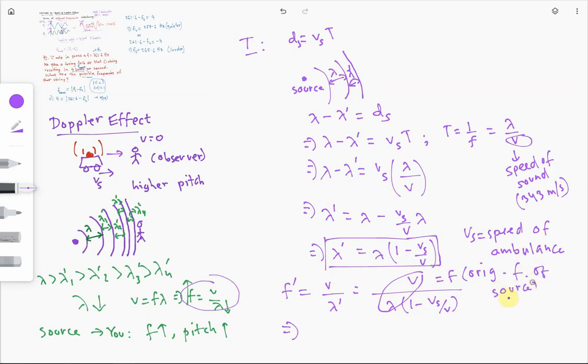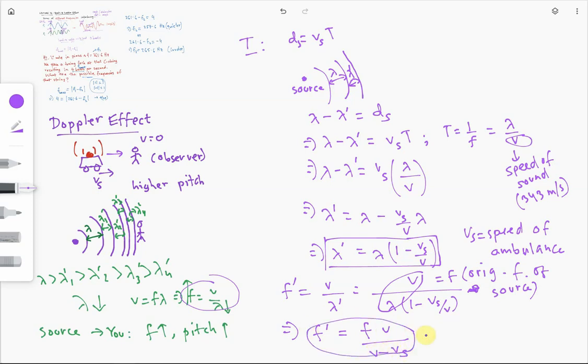So f prime, v over lambda is just f, the original frequency of the source, which is the siren of the ambulance, and we get the new frequency in terms of the original frequency. If you take out the v from this denominator, you take the LCM and simplify this whole thing, you get f times v, the speed of sound, over the speed of sound v minus the speed of the source.